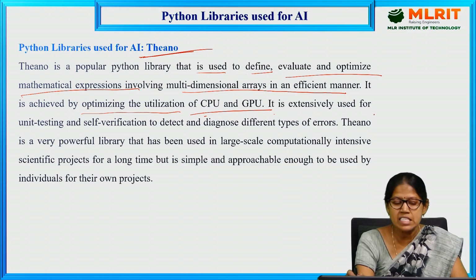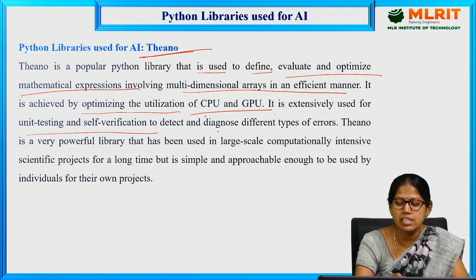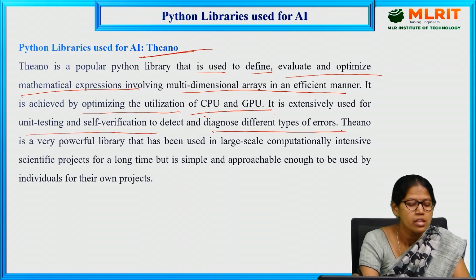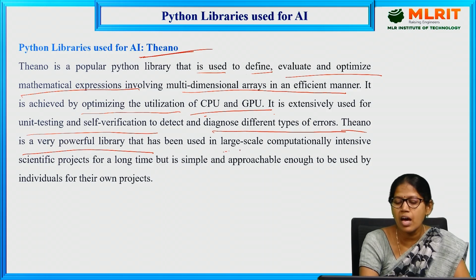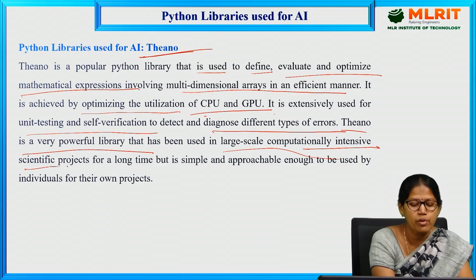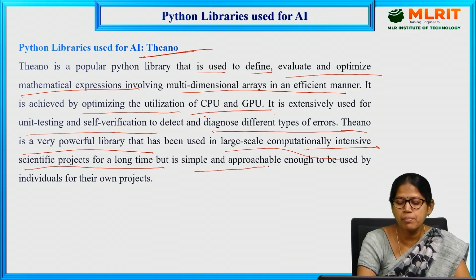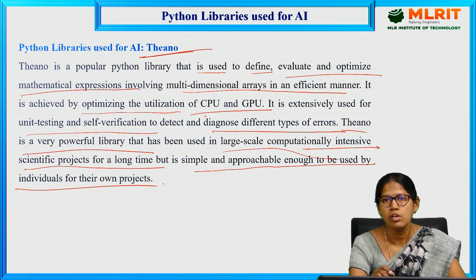It is extensively used for unit testing and self-verification to detect and diagnose different types of errors and abnormalities. Theano is a very powerful library that has been used in large-scale, computationally intensive scientific projects for a long time, but is simple and approachable enough to be used by individuals for their own projects.